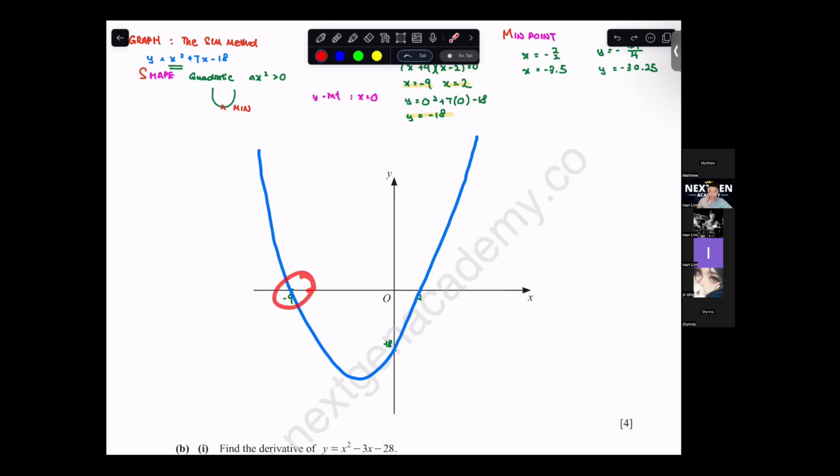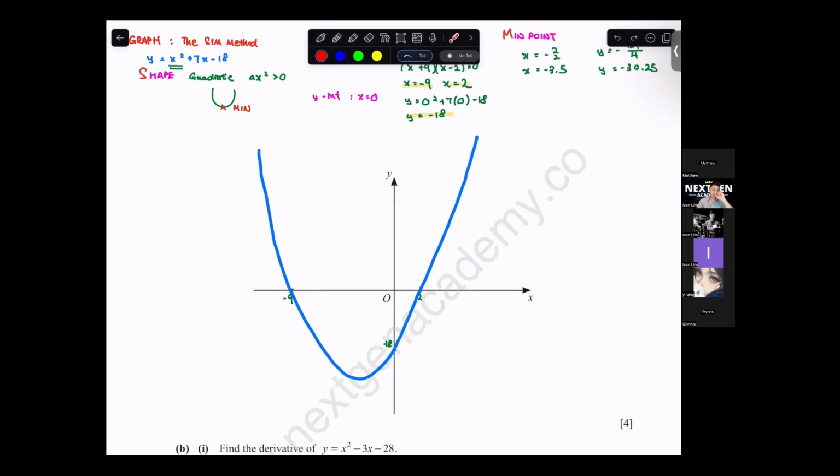That's if you get maybe some of this wrong. Let's say you write 9 and negative 2, then this one, your working the factorizing, at least still gets some marks. So that's why I always say try your best to write down whatever you have. Workings all get marks also. All right, 4 marks here on how to draw graph.